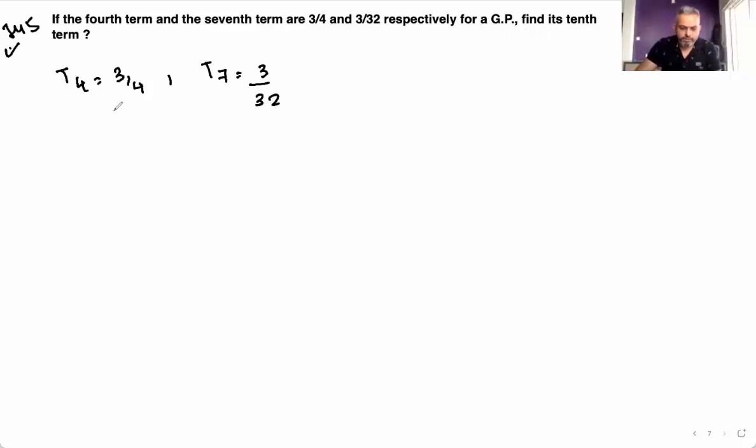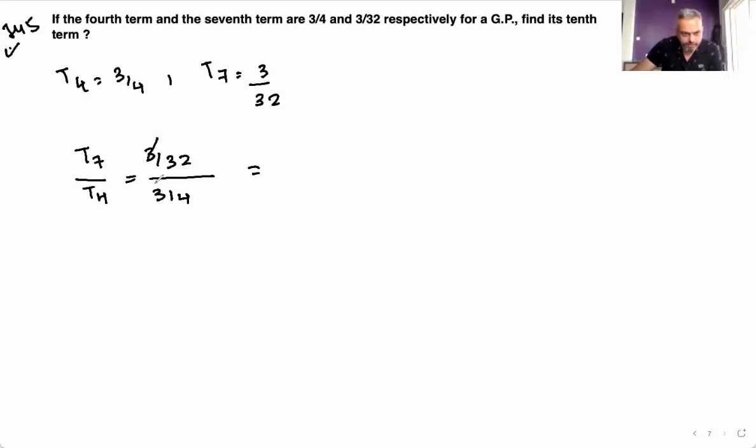Now over here, pay attention please, what we will do is, we will take T7 upon T4 is equal to 3 by 32 upon 3 by 4, which is equal to, now 3 over here in the numerator will remain in the numerator and 3 over here will also remain in the denominator.